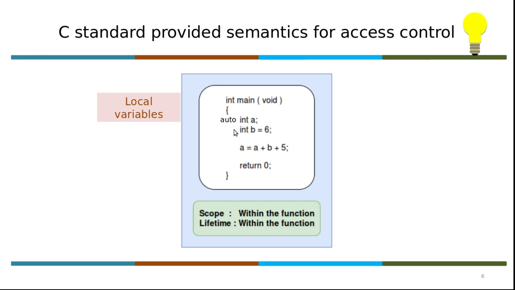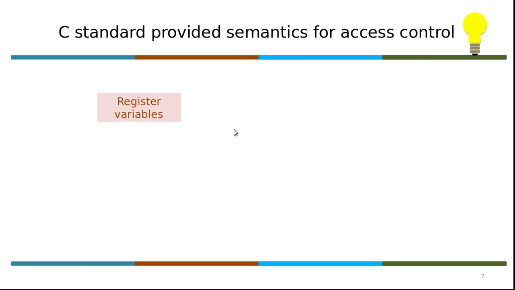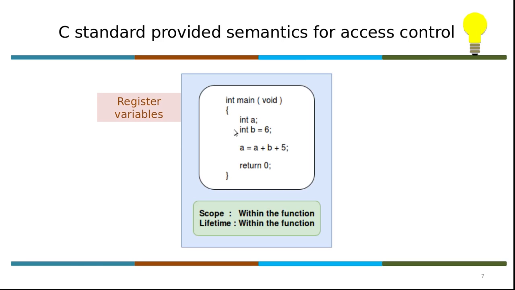Next, register variables. The C semantics also provides a specifier called register, indicating to the compiler that the programmer is interested in having this data within a register, because usually the reason for the programmer to use register as a storage class specifier is that the data or variable will be heavily used within a function.